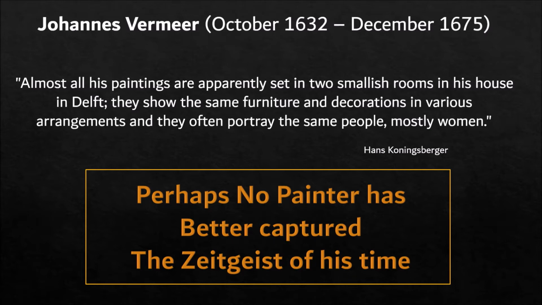Almost all of his paintings are set in 2 very small rooms in his house in Delft. They show the same furniture, the same decorations and various arrangements, and often they portray the same people, mostly women. But what I want to say here is there's probably no other painter at this time that better captures the zeitgeist of his time.